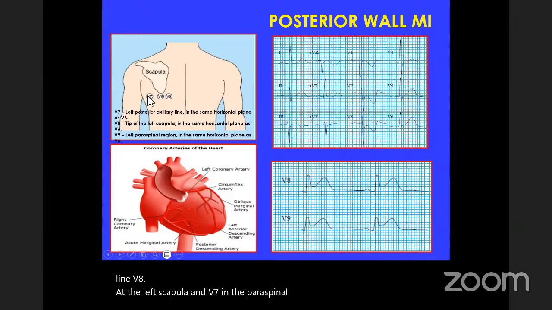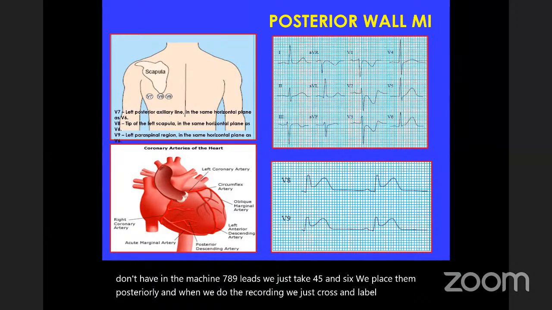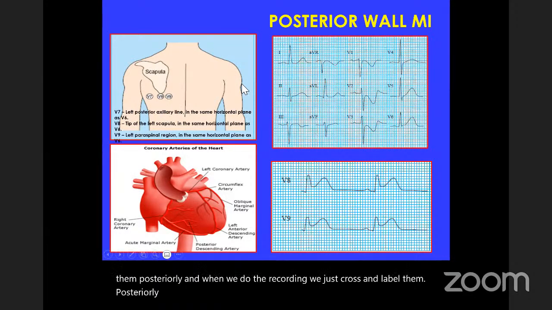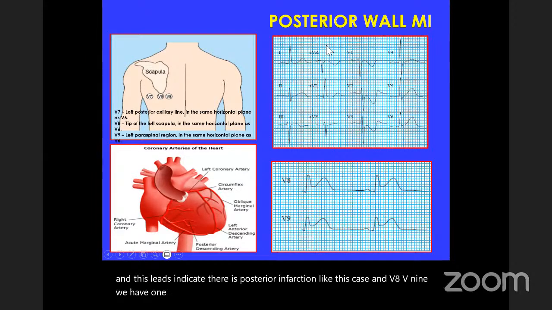If we don't have 7, 8, 9 leads in the machine, we just take V4, 5, and 6 and place them posteriorly. When we do the recording, we cross out the labels and relabel them as posterior leads 7, 8, and 9. If there is 1 millimeter or more ST segment elevation in these leads, it indicates posterior infarction, like this case. In V8, V9, we have 1 millimeter ST segment elevation.